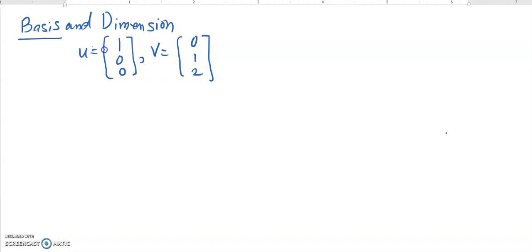Any multiple of these vectors, for example, if we multiply u by some scalar and multiply v by some scalar and then add them together, then that new vector will be in the span of those vectors. If we use a scalar k equal to 2 and a scalar l equal to 3, then ku plus lv will be a new vector.